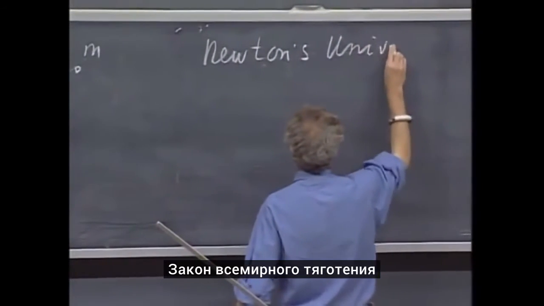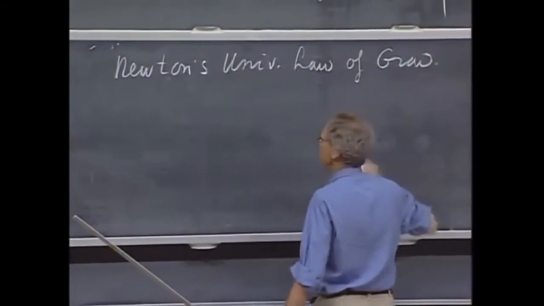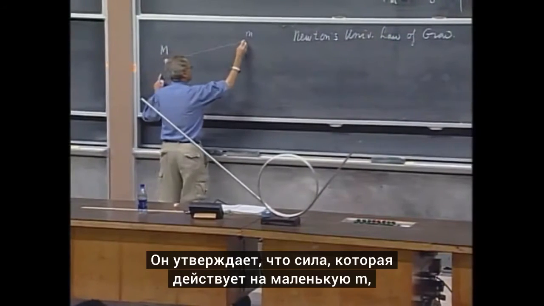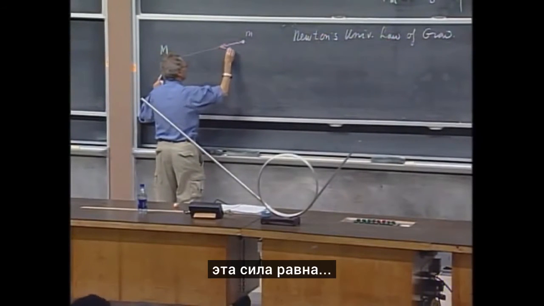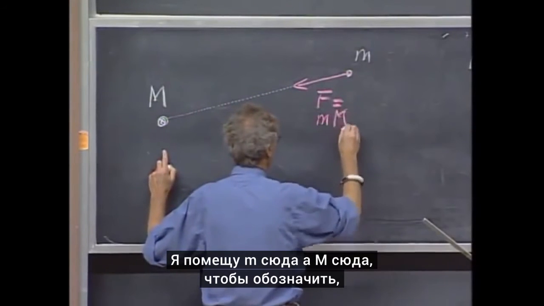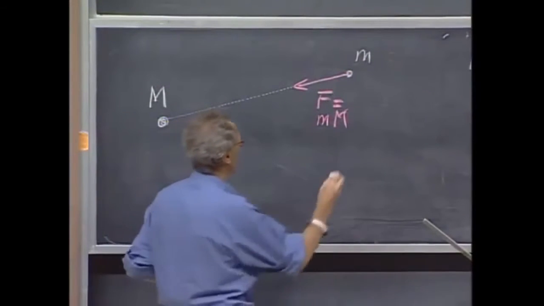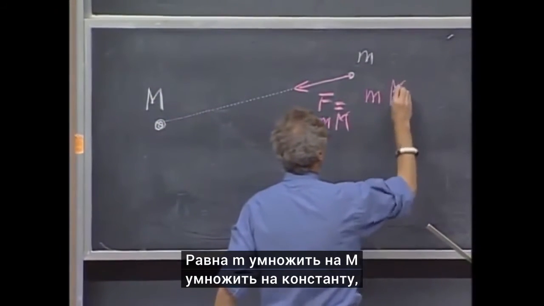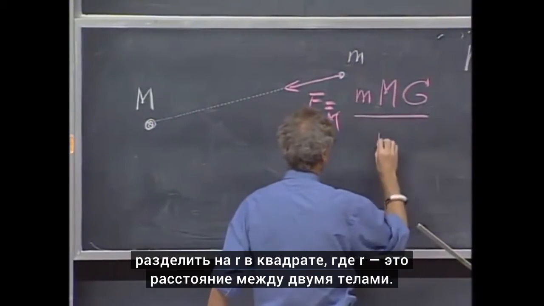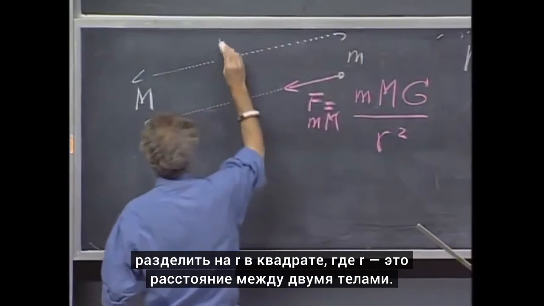He says the force that little m experiences equals little m times capital M times a constant, which Newton in his days didn't know yet what that value was, divided by r squared, if r is the distance between the two.